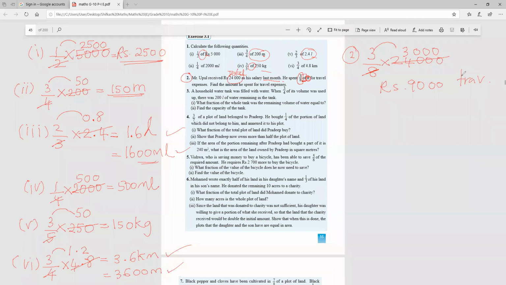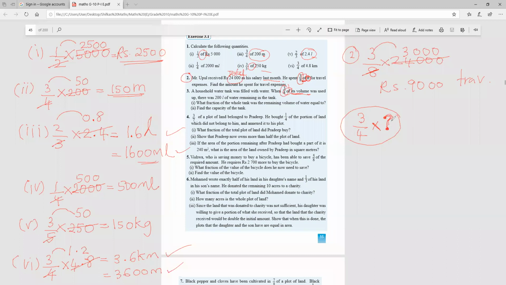A household water tank was filled with water when 3/4 of its volume was used up. "Of" means multiplication. What is the volume of the tank? Is it given to apply here? No, not given. So you can't use this method. You can write 3 over 4 and put the multiplication because the word "of" is there, but the total capacity is not given, question mark.